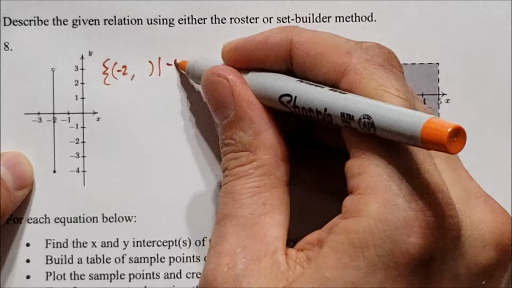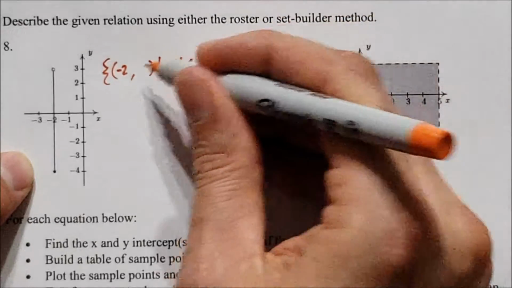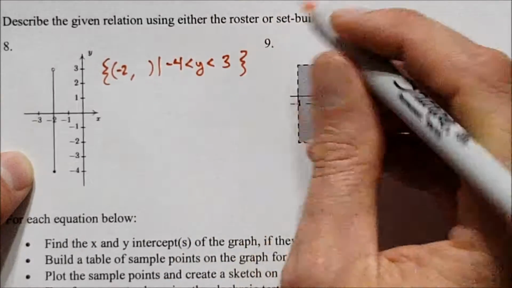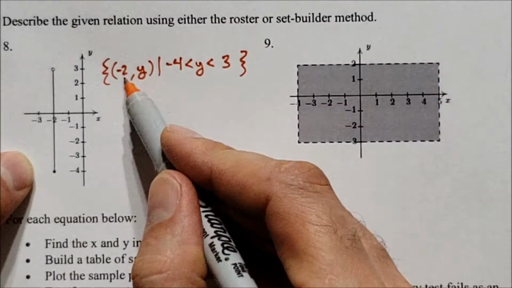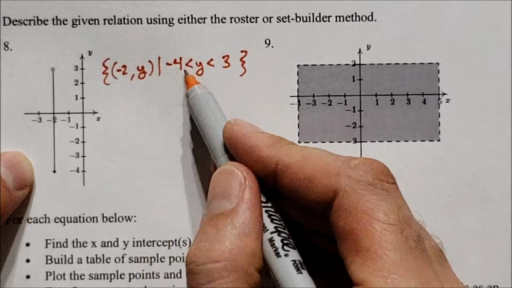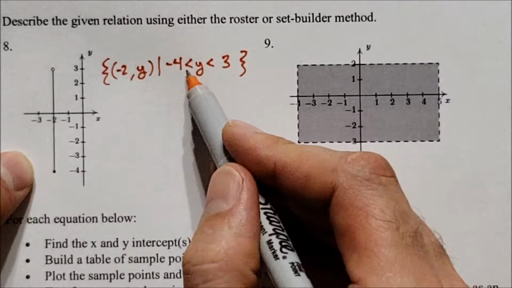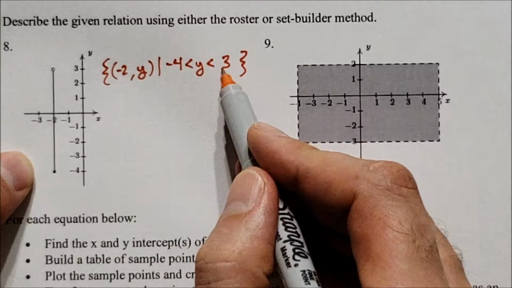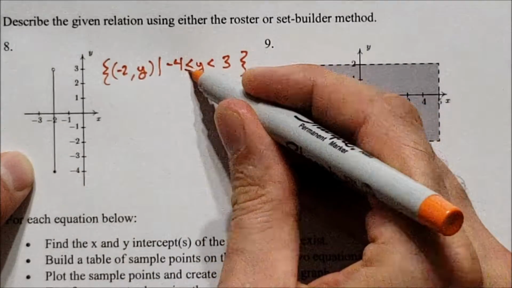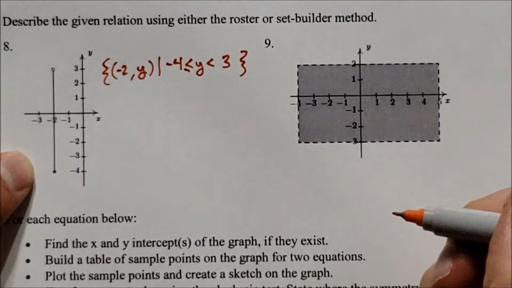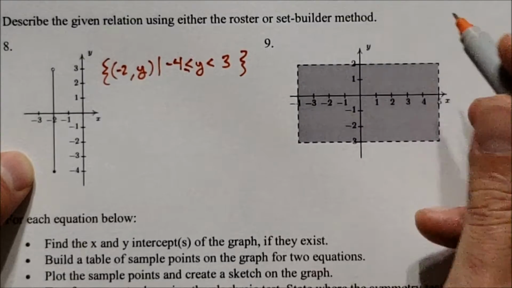It's between -4 and 3. This indicates that x is always -2, but y changes. And this is how y is changing. Now, y is less than 3, but it's greater than or equal to -4. So we need to have our or equals sign for our inequality.